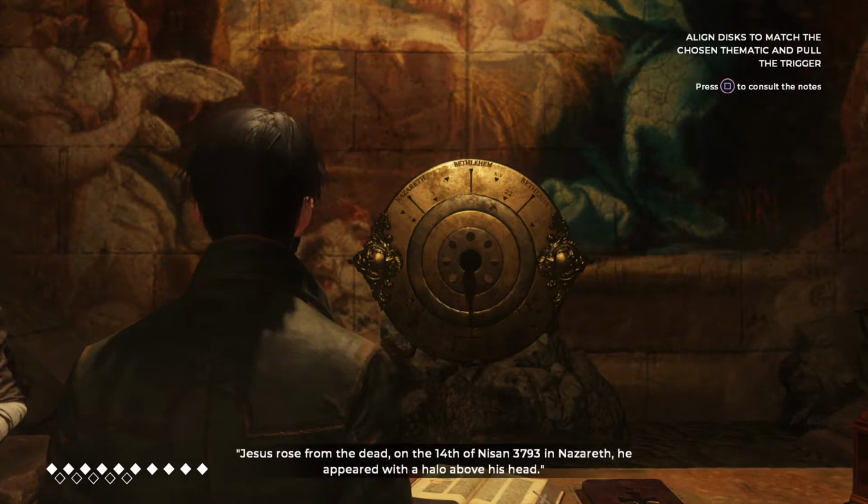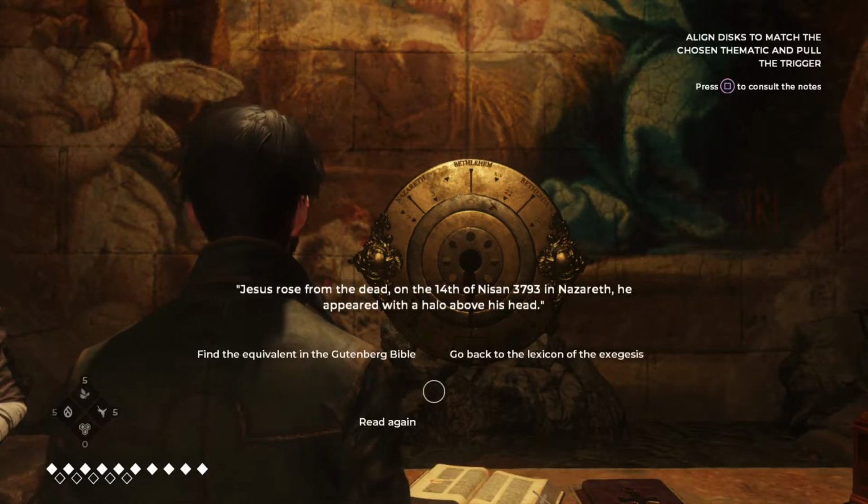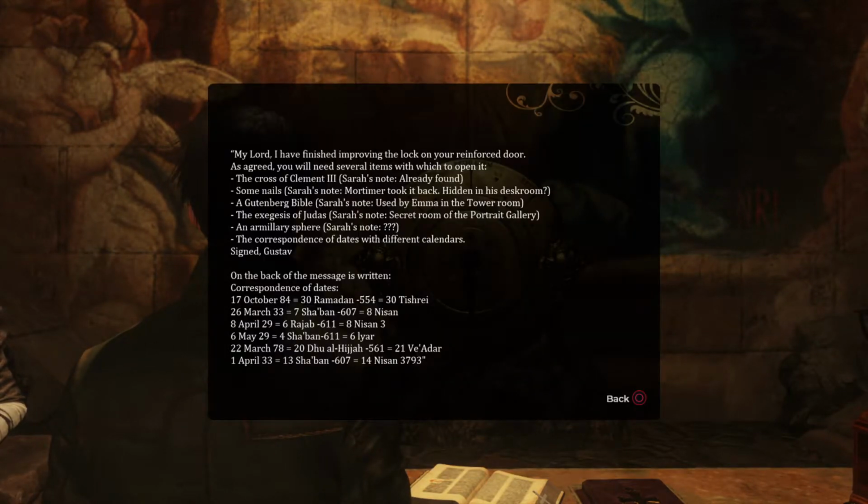He appeared with a halo above his head. 14th of Nisan. But it doesn't fit with it. That's the problem I've got. It doesn't fit with the profile.